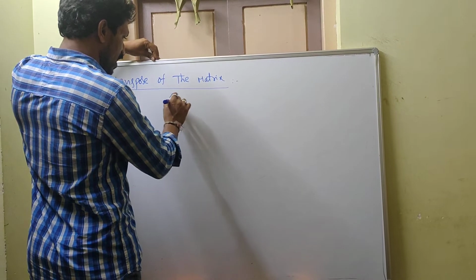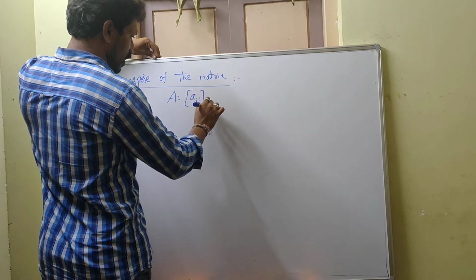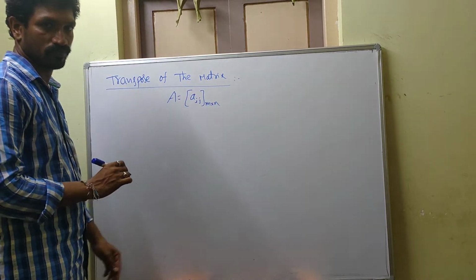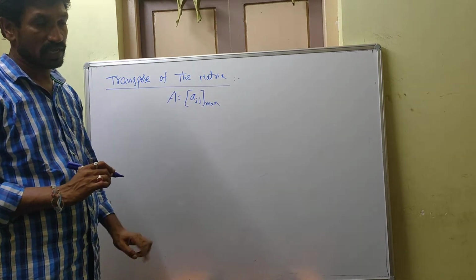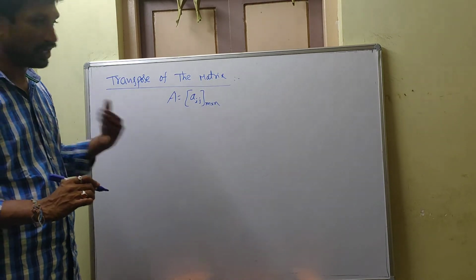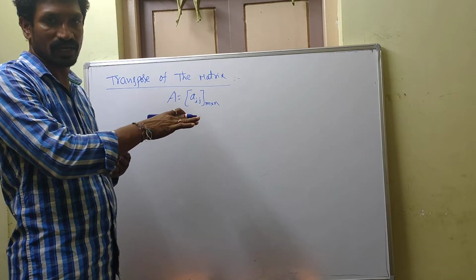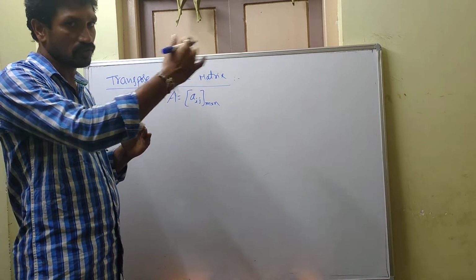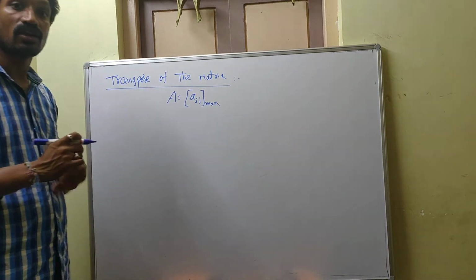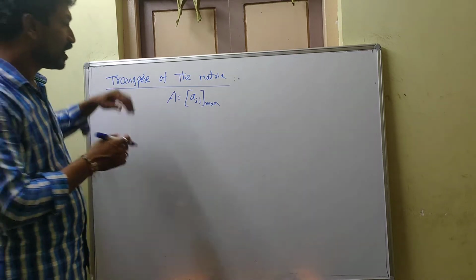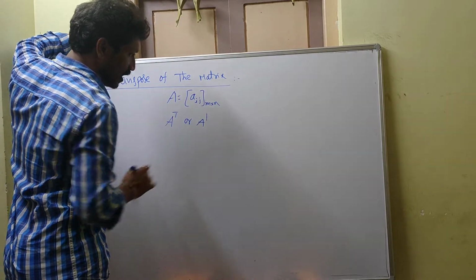If the matrix A is Aij of order m by n, see here, number of rows is equal to m, number of columns is equal to n. Then transpose of the matrix means if you write the rows as columns and the columns as rows, then the obtained matrix is called the transpose of the matrix A. It is denoted by A power T or A power dash.